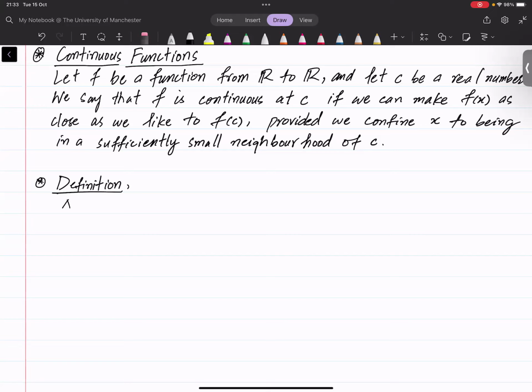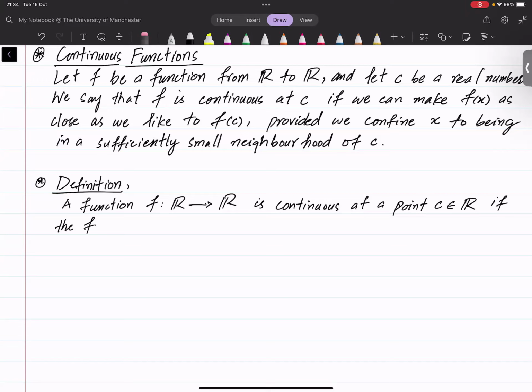Definition: a function f from R to R, real numbers to real numbers, is continuous at a point c in R if the following holds.